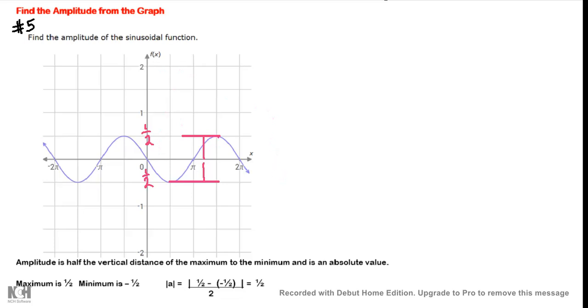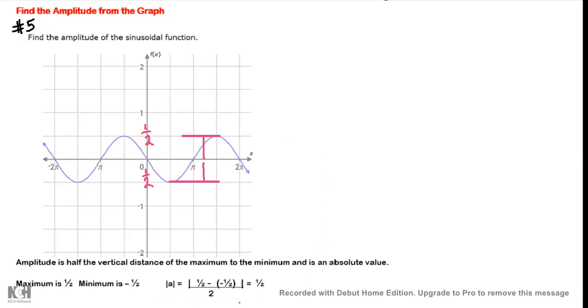So from this maximum here, this is at y is 1/2. So from here down to 0, that's 1/2, and down to its minimum is another half. And so you're just going to take half of that, which is going to be 1/2. So your amplitude is going to be 1/2.